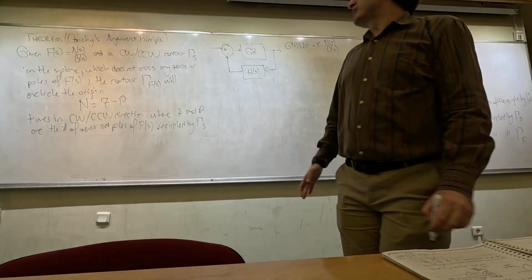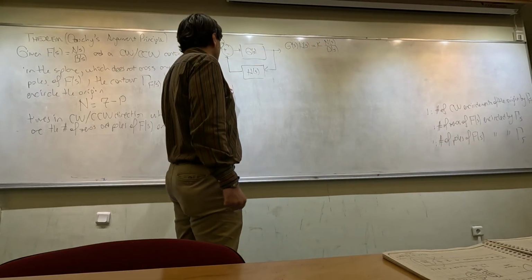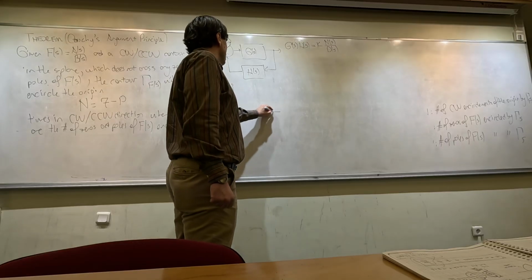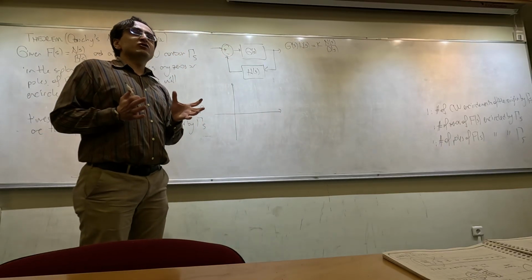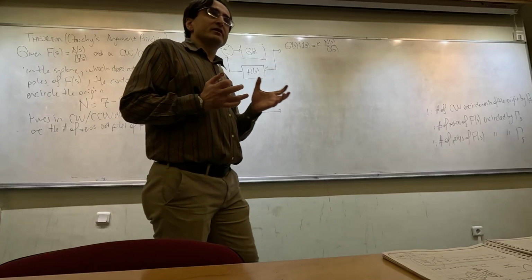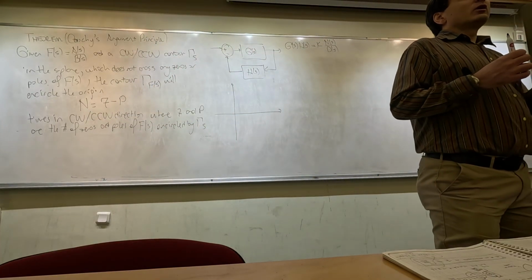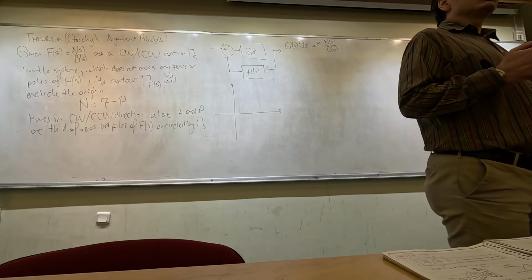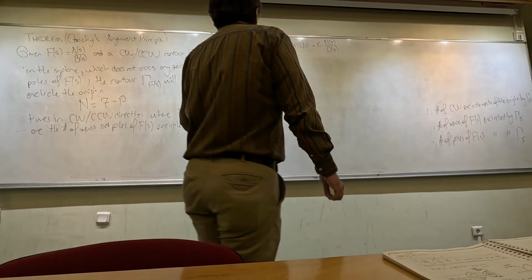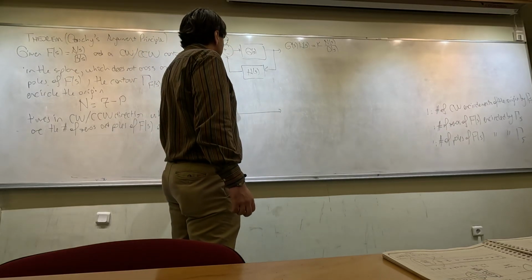So here is what I'm going to do. The first thing that I'm going to do is define my original contour here. And in my original contour, I would be interested in unstable poles or zeros. So in order to take into account unstable poles, in this type of analysis, we always define our contour as follows.